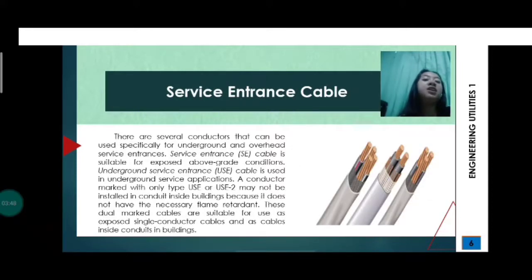Next one is the service entrance cable. Service entrance cable is a cable suitable for exposed above grade conditions. There are several conductors that can be used especially for underground and overhead service entrances.